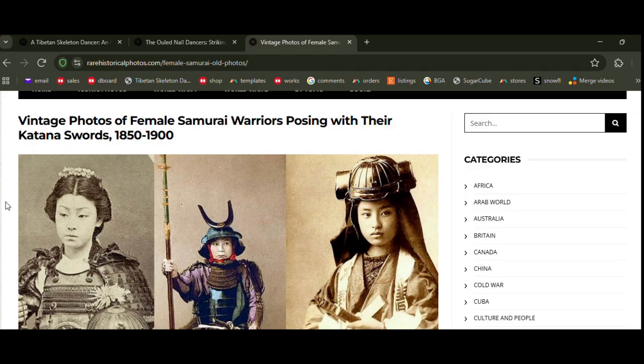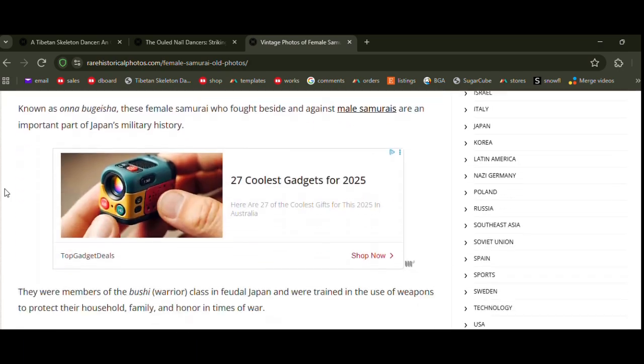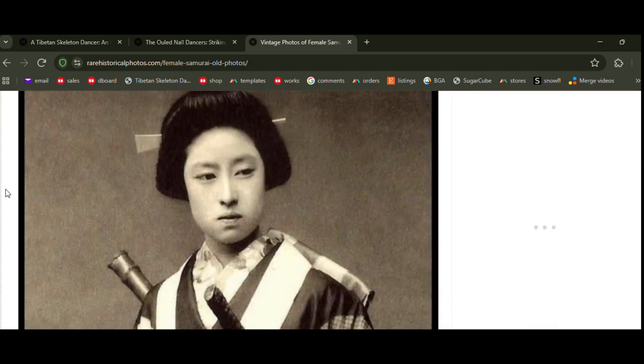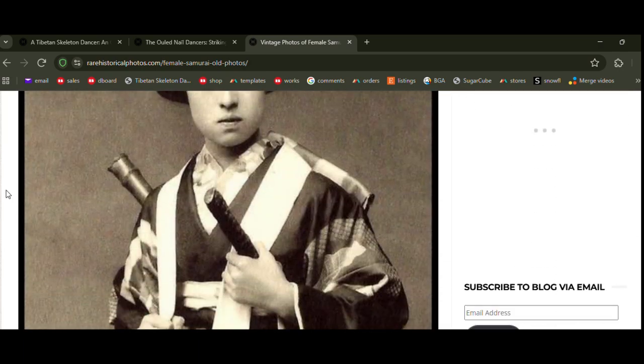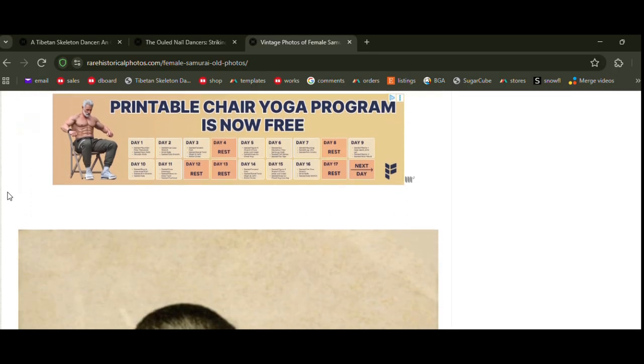Women of the samurai class in Japan did actually carry swords, so that's historically true, but some of these seem to be actors portraying samurai. Perhaps women playing male roles, I'm not sure, but as I say, it doesn't really matter. Again, that's a quite interesting looking character, I think.